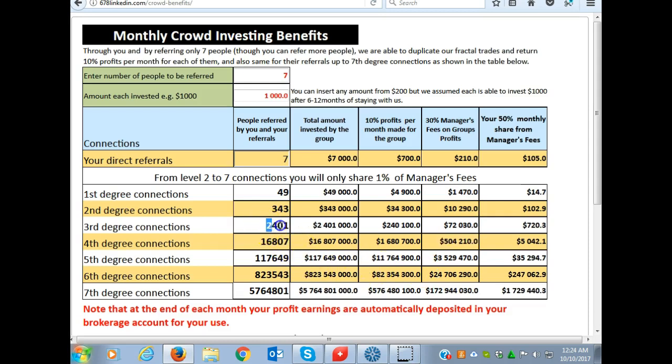Even if it's only 2,000 people I have, I will be earning about 72,000 US dollars per month. Even if it's 300 people. So it's an opportunity. The business is real. I am making profit. I return profit for people, and I share profit with people.